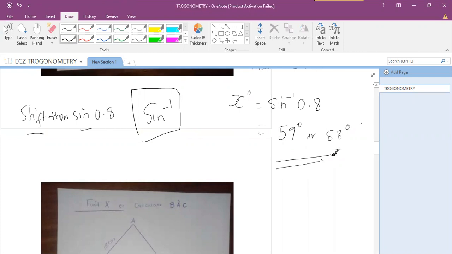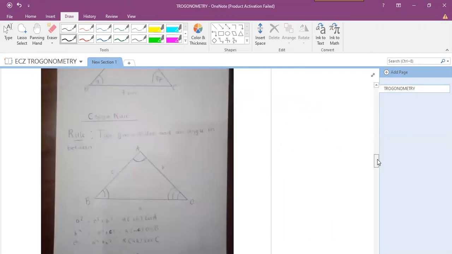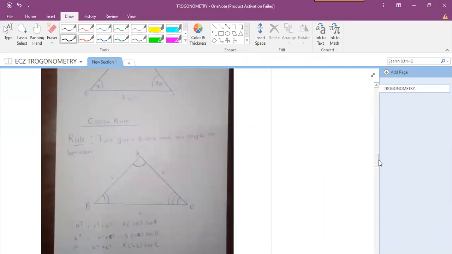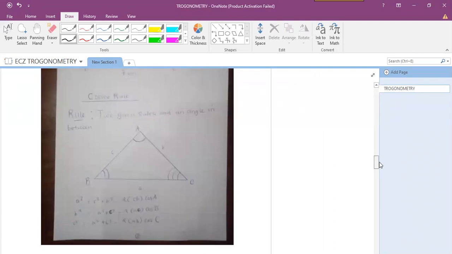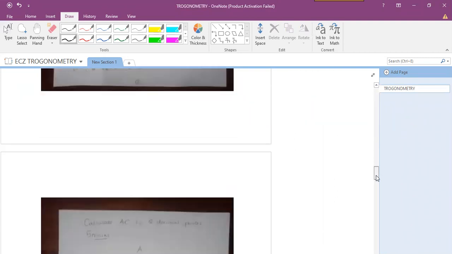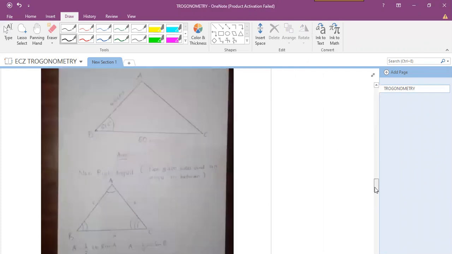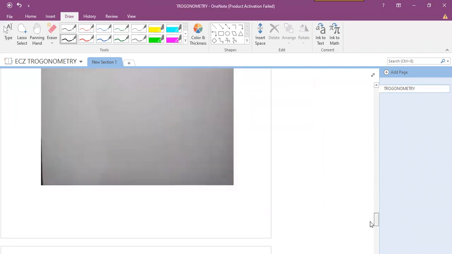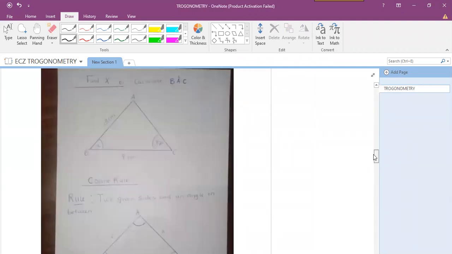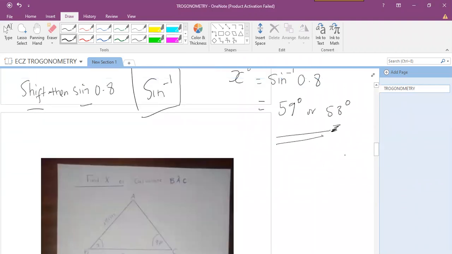Yes. Okay, so let's move on to the cosine rule. Oh, we moved on to the cosine. I have to start off with the sine rule. Uh-oh, I didn't add the notes for the sine rule.